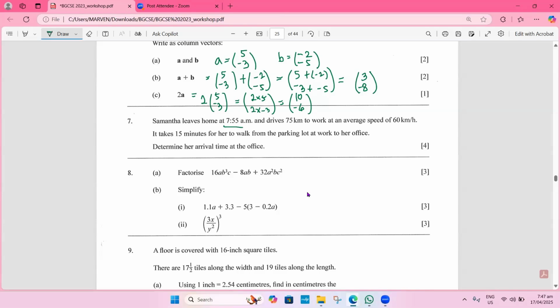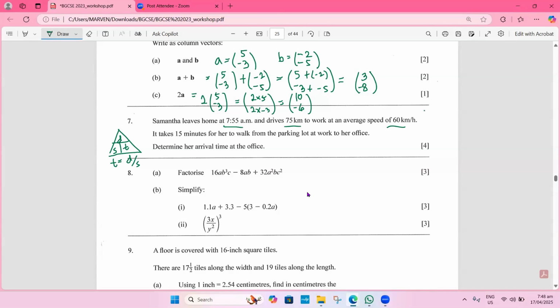To solve for the time, we have the formula. The speed is equal to distance divided by time. Therefore, to solve for the time, we divide distance by the speed. We have the distance, 75 kilometers, and the average speed, which is 60.